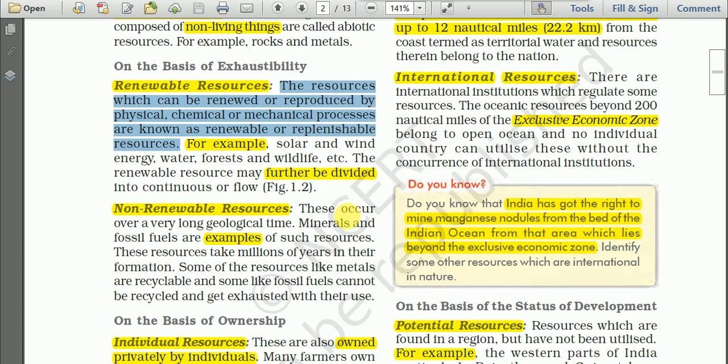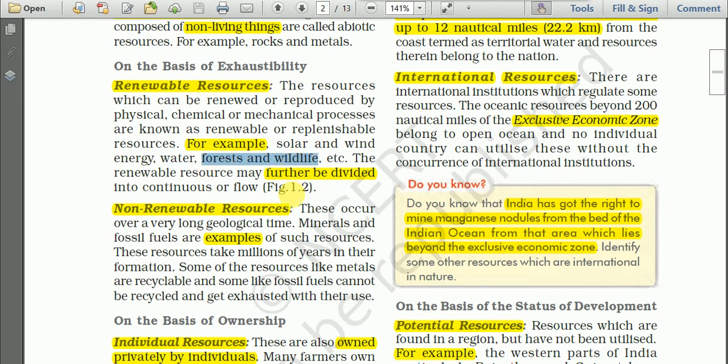For example, solar energy, that is sunshine, then wind, water, forest and wildlife.